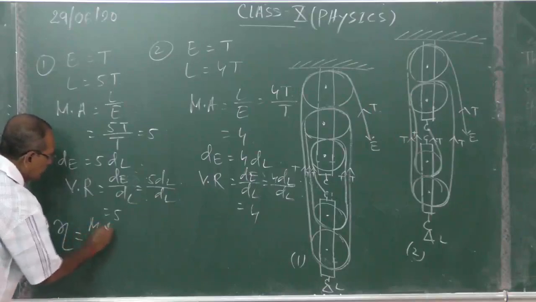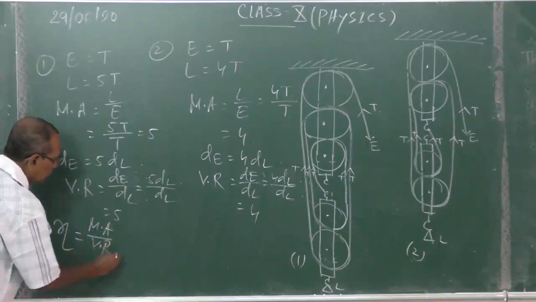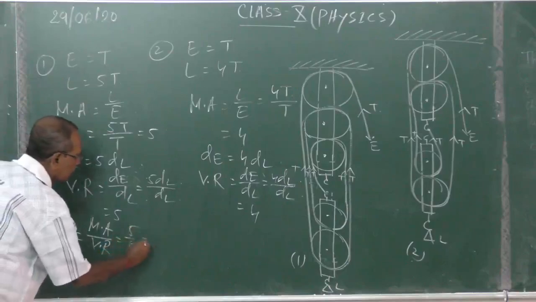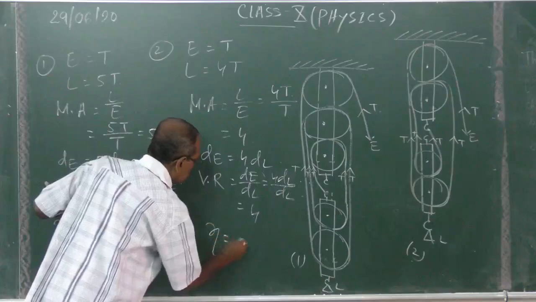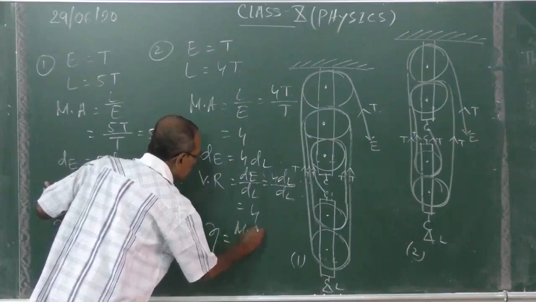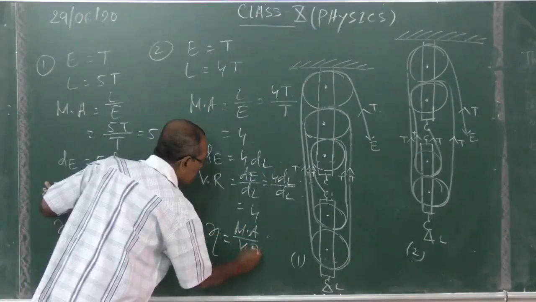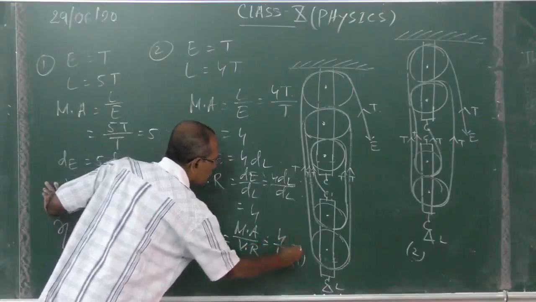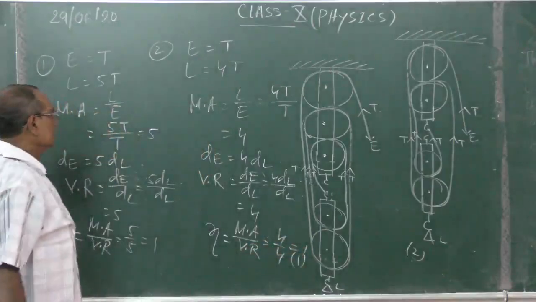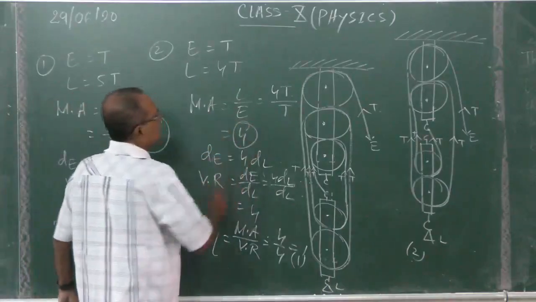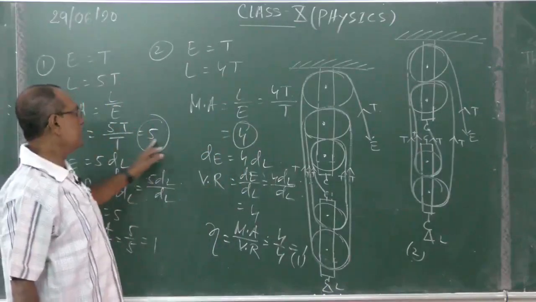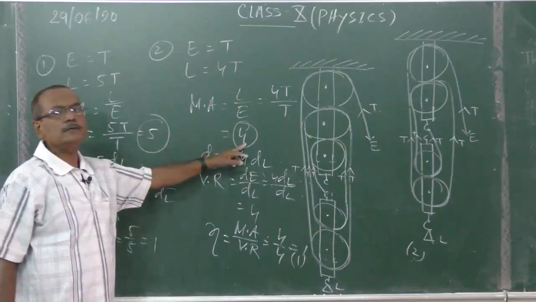But in all cases, efficiency is equal to MA by VR. Here, first case, 5 by 5, again it is coming 1. Here efficiency is equal to MA by VR, that is equal to 4 by 4, equal to 1. But in actual practice, this mechanical advantage will be less than 5, less than 4.